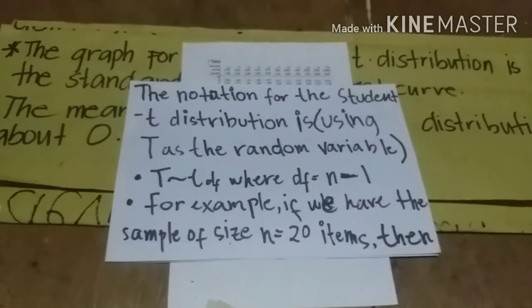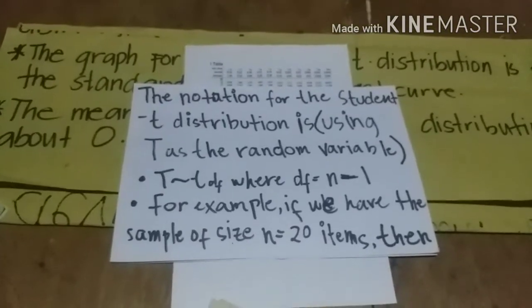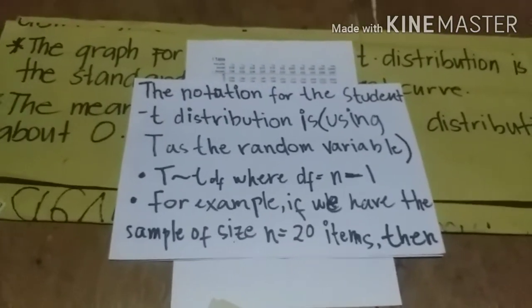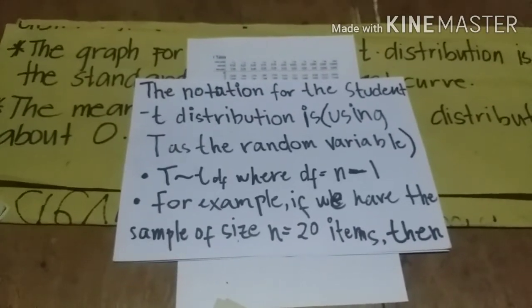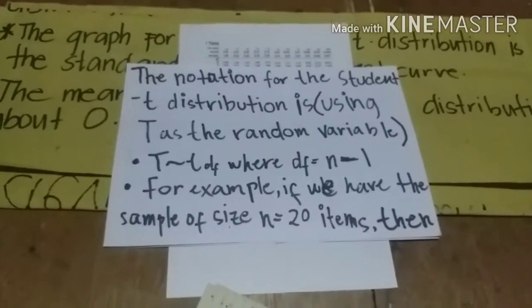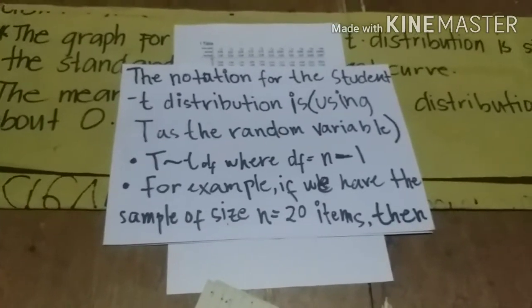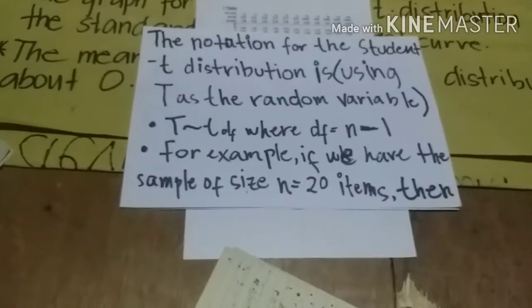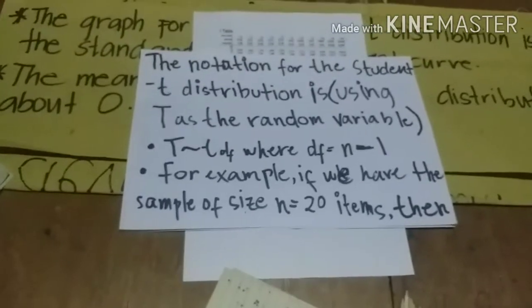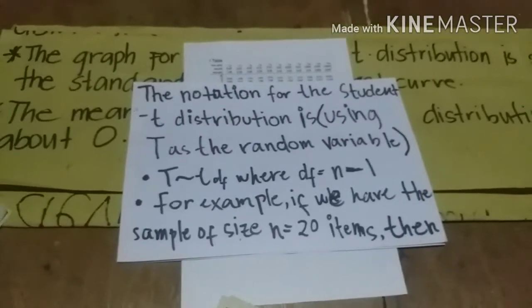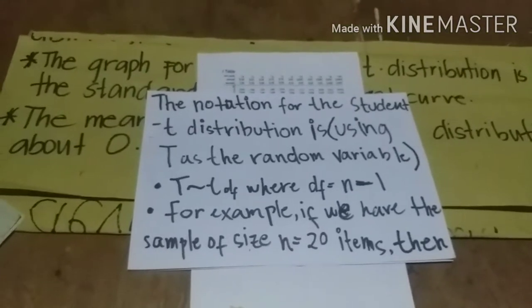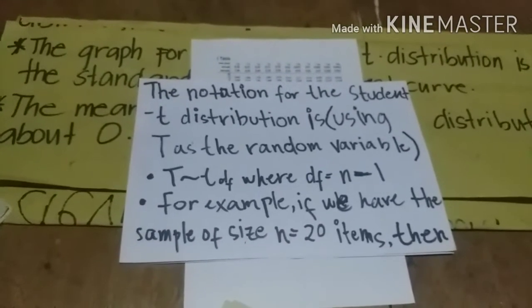So, ito na yung notation ng student T distribution. So, the notation of the student T distribution is using T as a random variable. So, ito na yung sinabi ko kanina na yung student T distribution is nagre-rely lang sa degrees of freedom. Yung T is degrees of freedom where df is n-1.